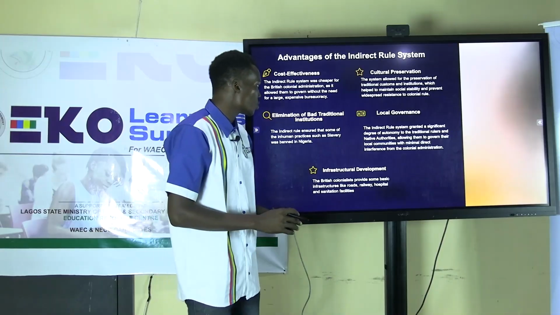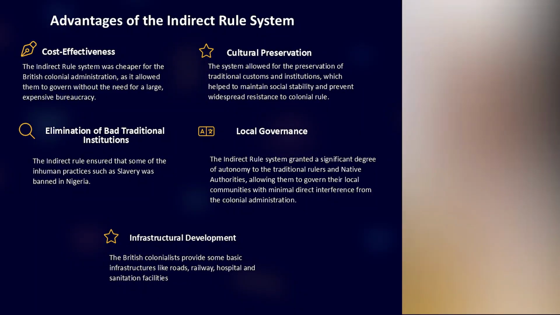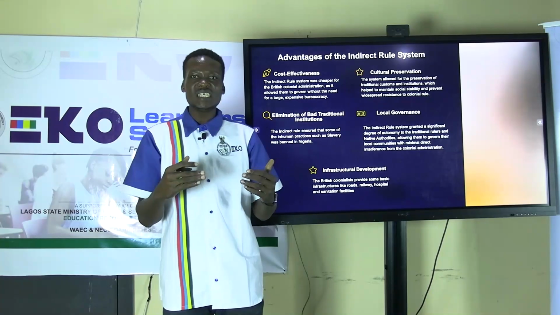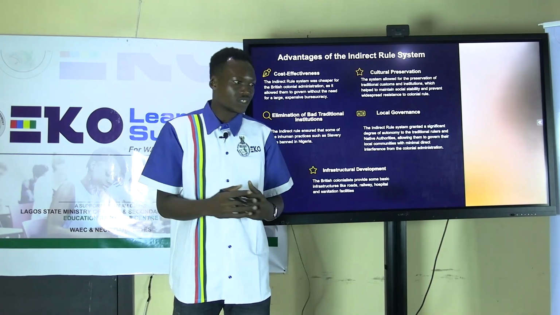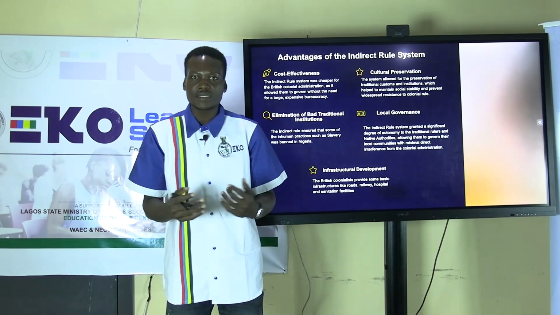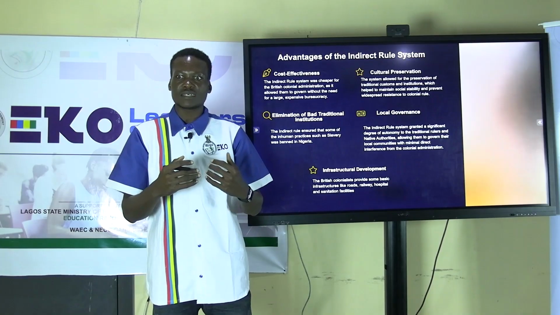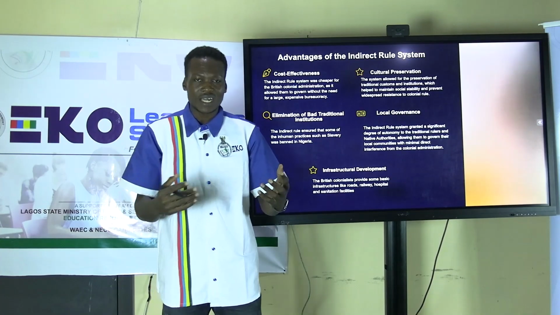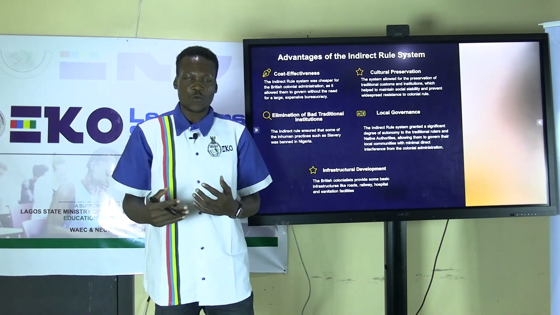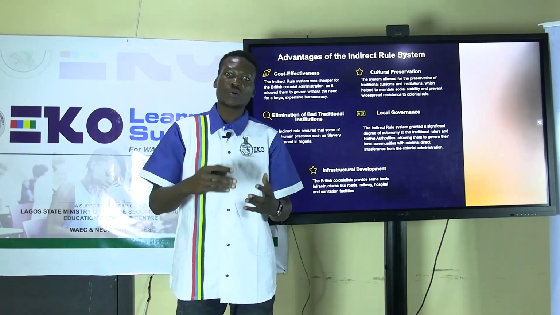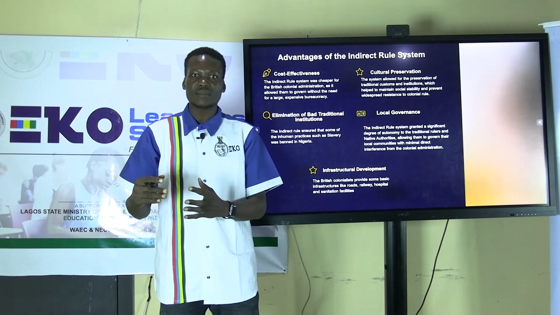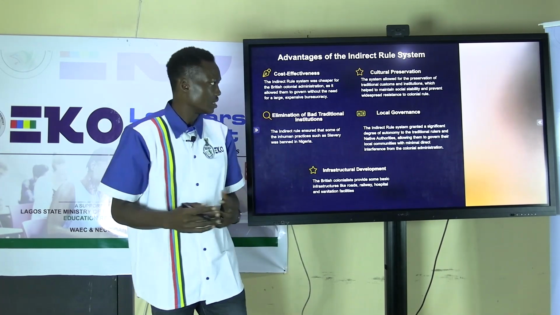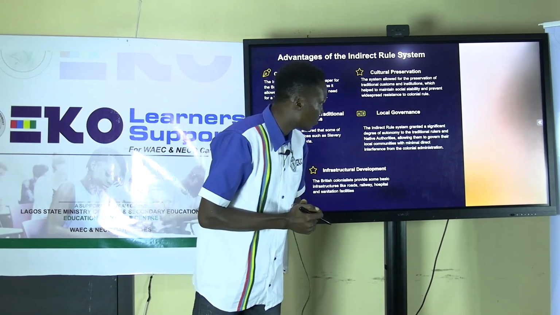authority. Also, elimination of bad traditional institutions. Before their arrival, there were some inhuman and barbaric acts, such as sacrifice, rituals, and some other practices. When they arrived, they ensured that they eliminated some of these inhuman practices. Also, local governance.